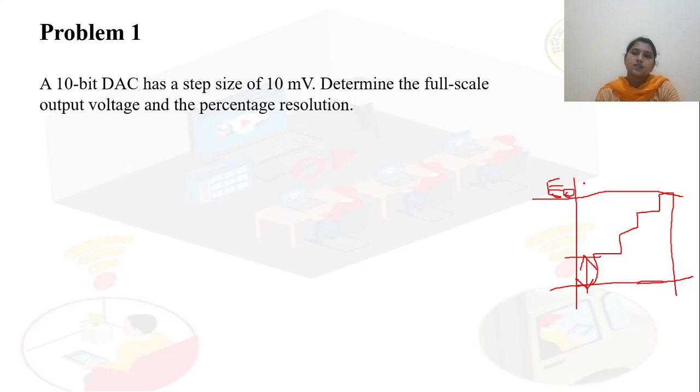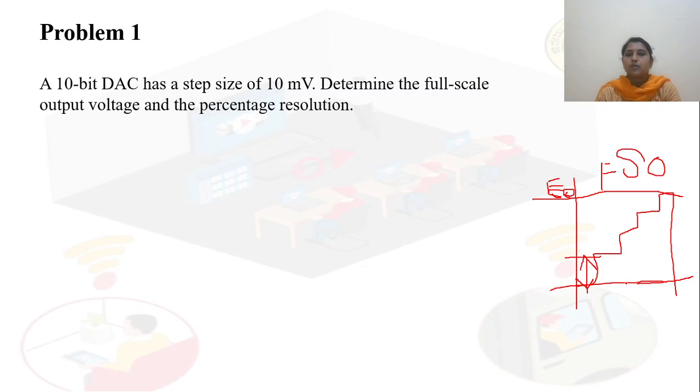So this is the full scale output voltage here. Full scale output voltage can be achieved by multiplying the total number of steps present in the output wave and the step size.